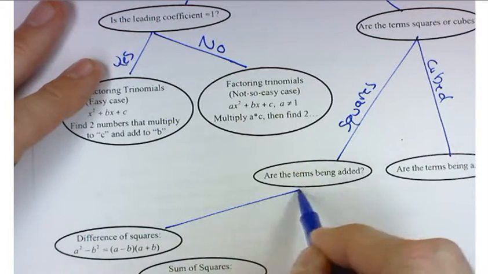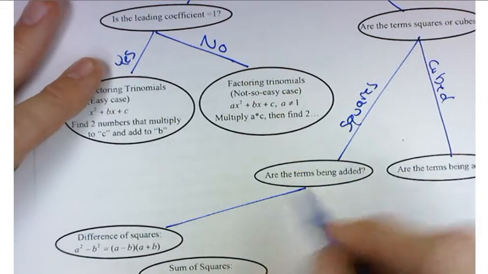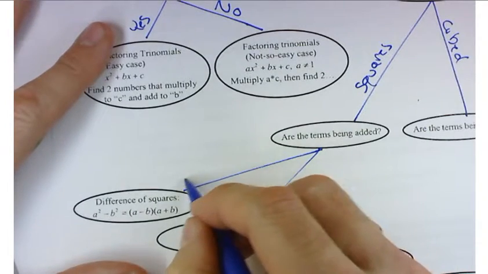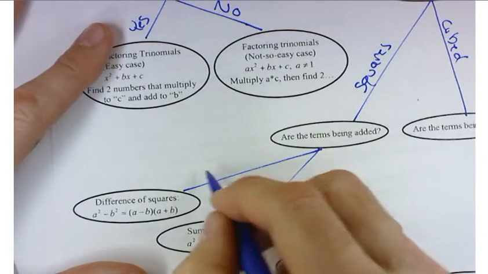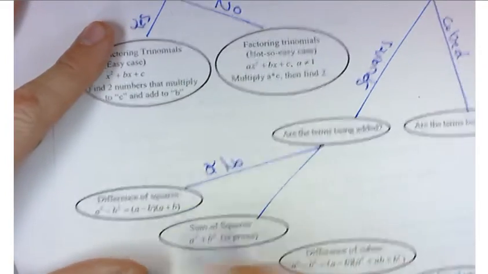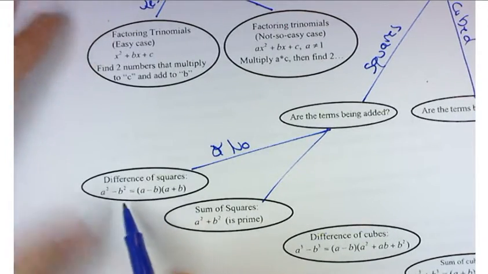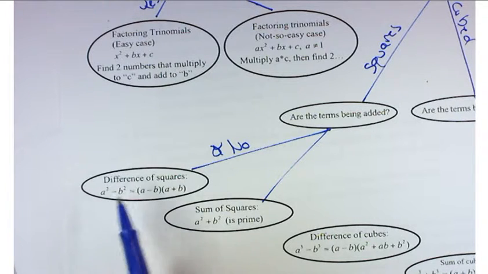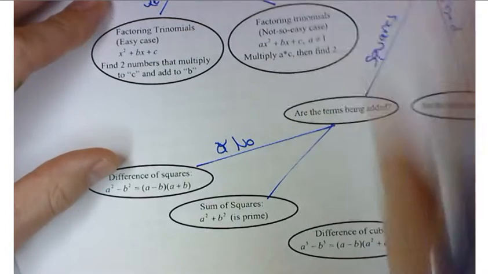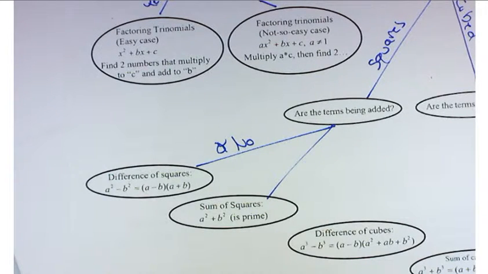So let's follow this branch a little bit more. If you're dealing with squares and you're subtracting them, so are they being added? No, they're being subtracted. So the difference of squares factors as a minus b times a plus b. And that's where we're going to start out in section 8.6. No, pardon me, 8.7.